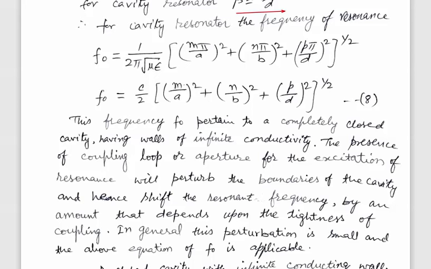So equation 8 gives us the final resonant frequency for the rectangular cavity resonator.